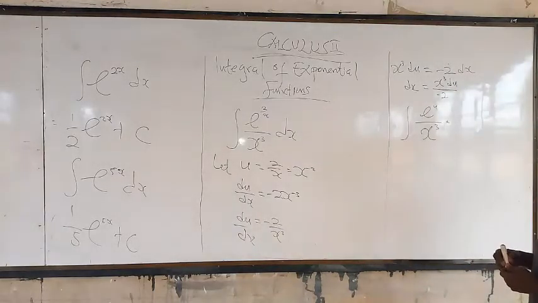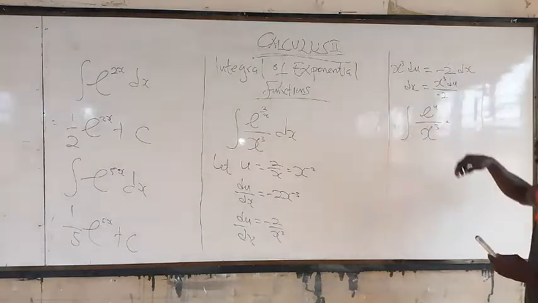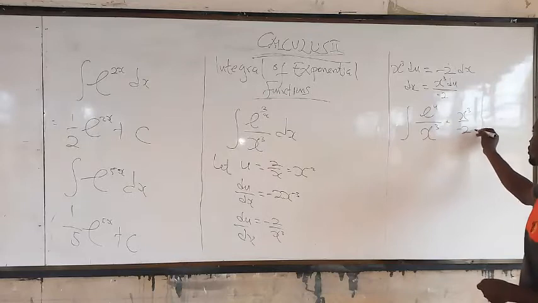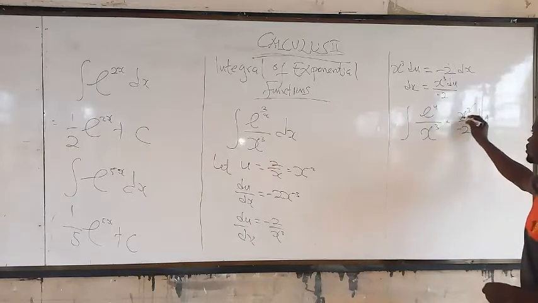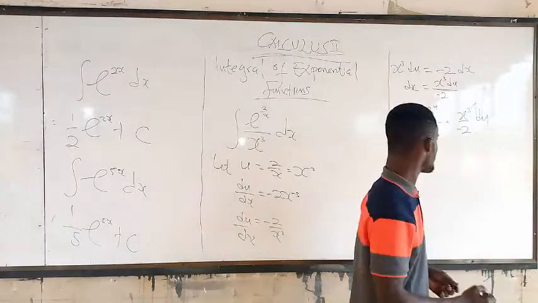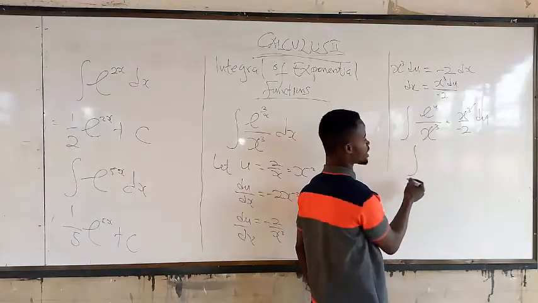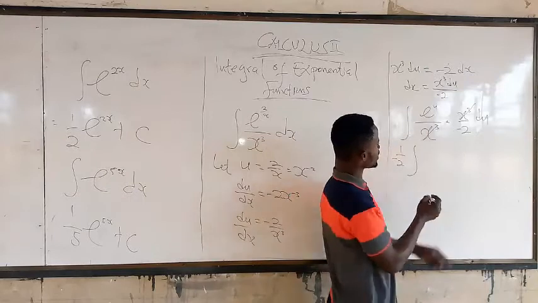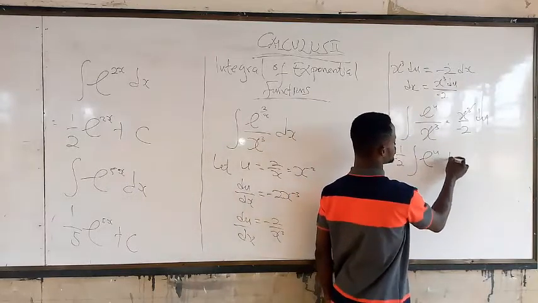Alright, when you are getting it wrong, you have to see it because at the end of the day, this and this have to cancel. So the substitution is going to give this. So this and this will go away. What is the constant in here? 1 over negative 2. Alright, so having this, we get e raised to power u du.